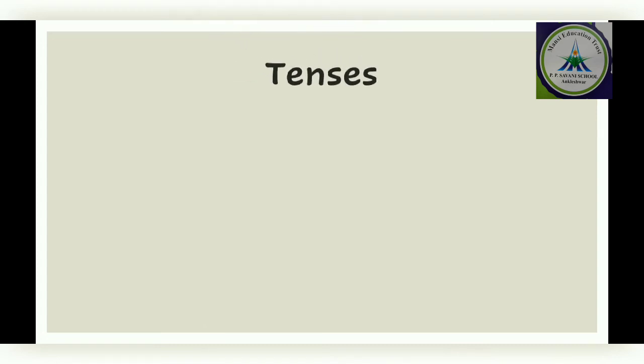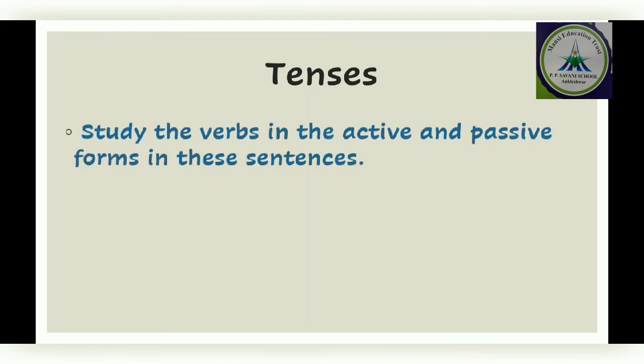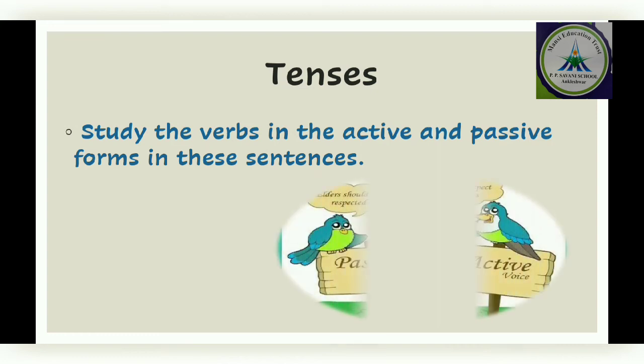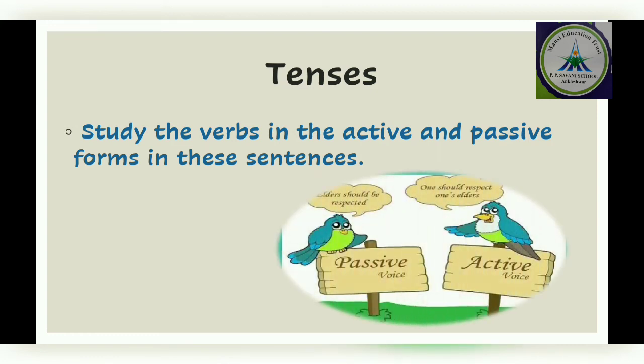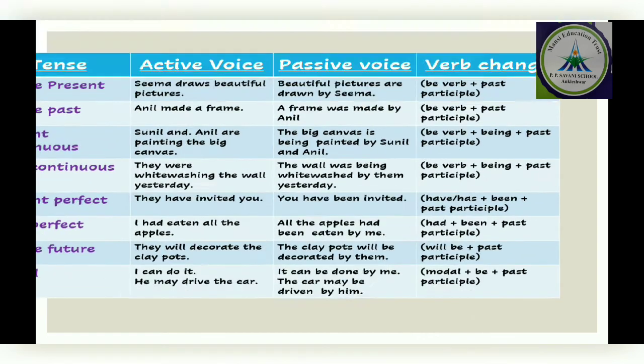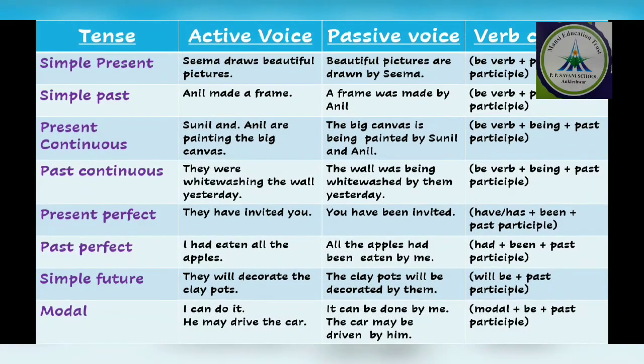Now, tenses. I will show you a table of how in different tenses we use the passive and active form. So let's see the table. Here is the table. First tense, simple present. Our sentence is "Seema draws beautiful pictures." So here we will change the object into subject and subject into object.